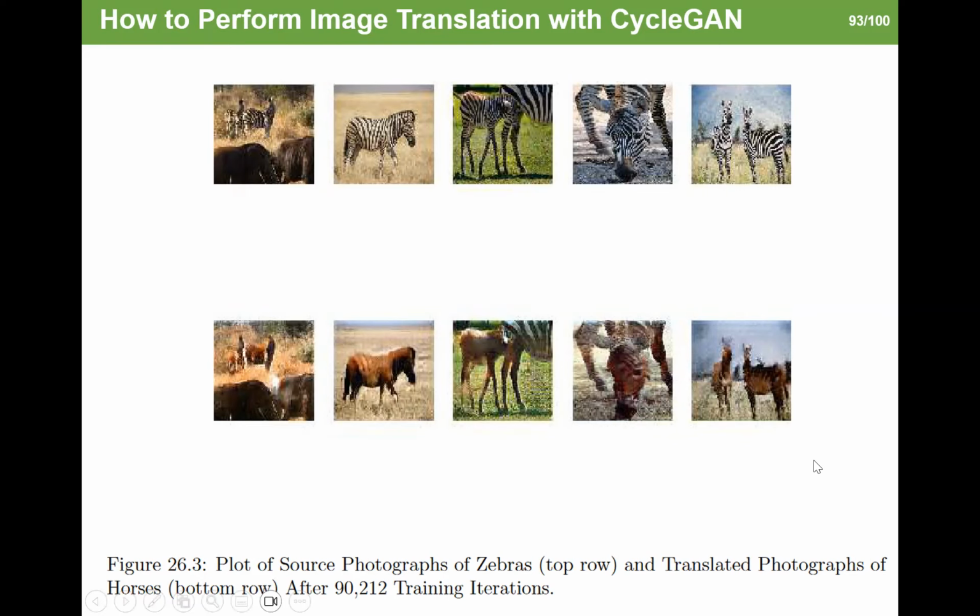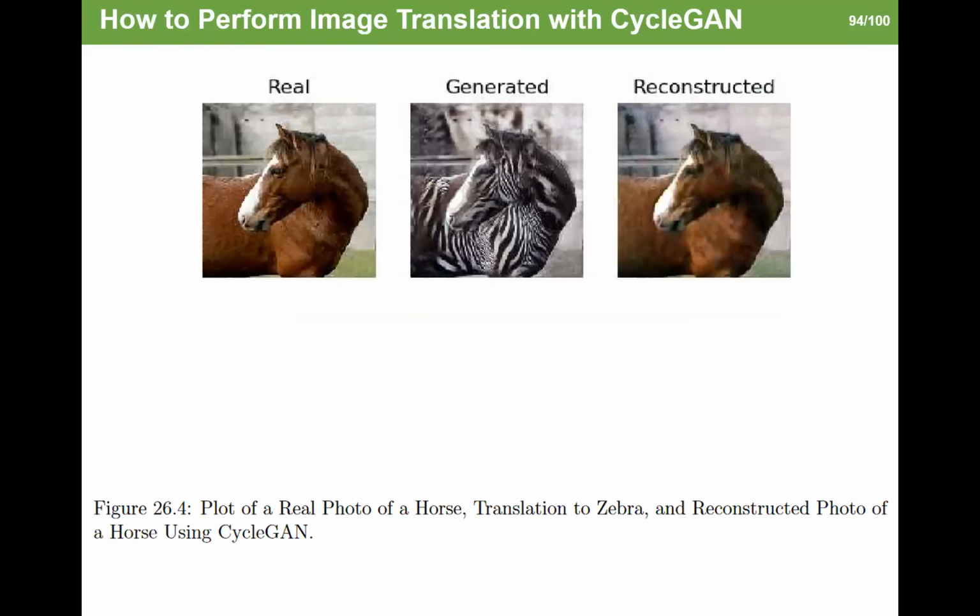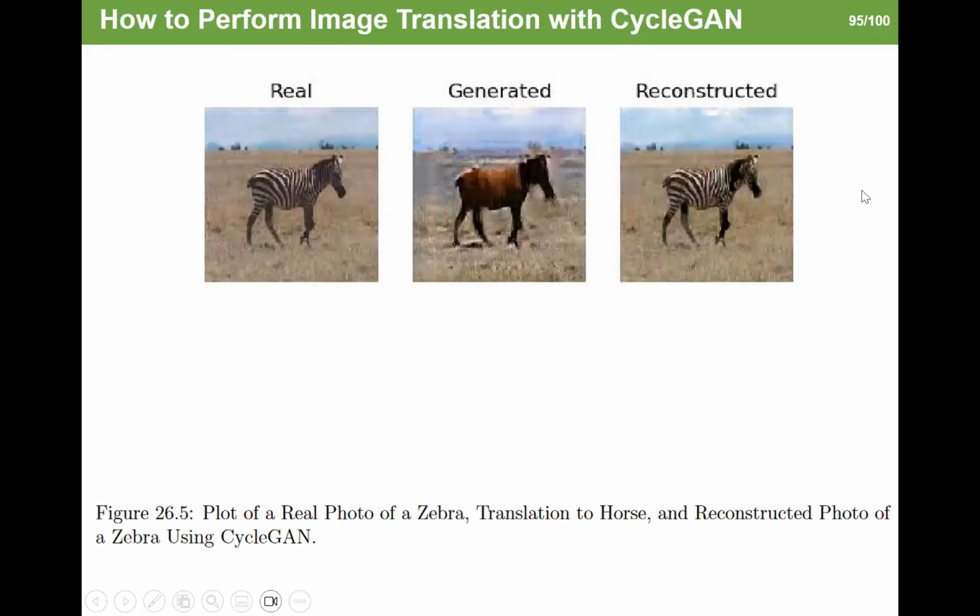Here the top are real zebras, and at the bottom it tried to turn them into horses. So we can go back. I think this is why they call it CycleGAN: we take a real image, generate from it, and then reconstruct. So we go in a loop back and forth.